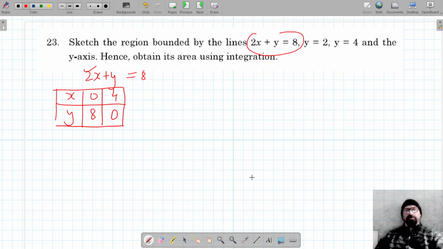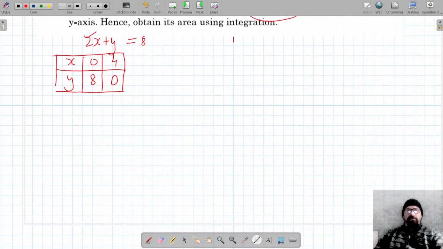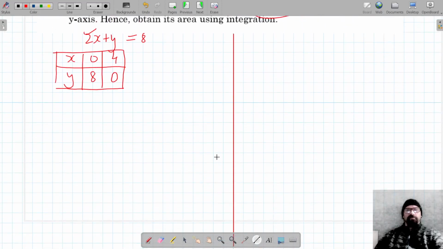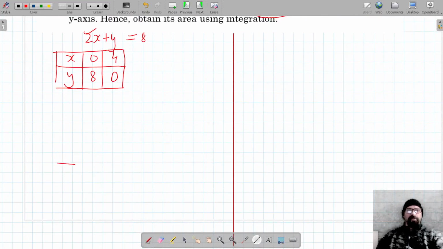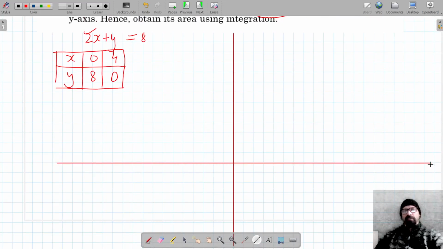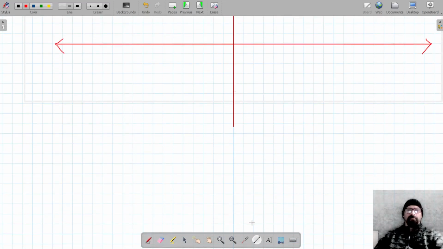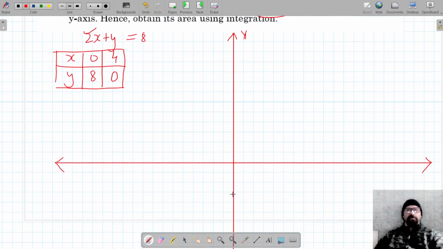Next is y is equal to 2 and y is equal to 4. So we can easily plot the graph in the Cartesian plane, and let's get the region for which the area has to be found. Okay, so this is the x-axis, and this is the y-axis.